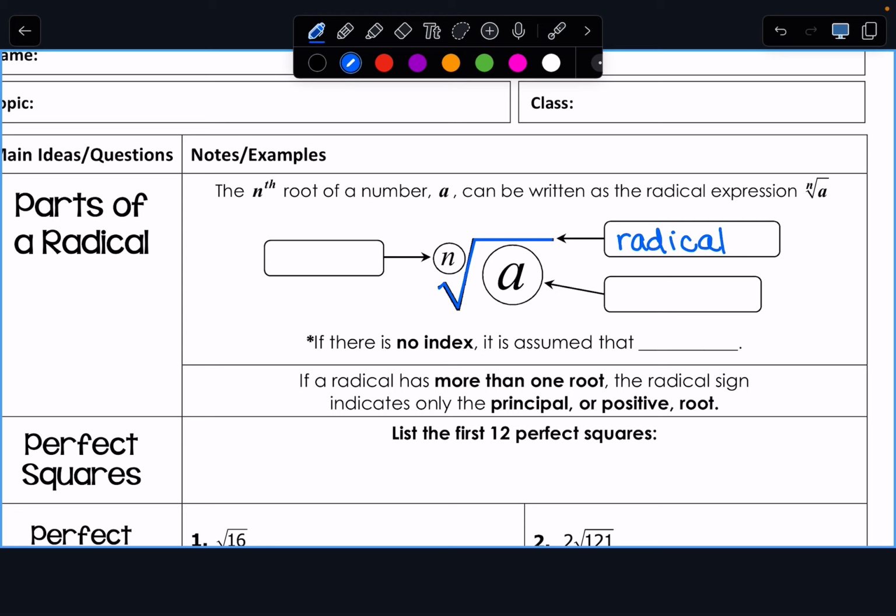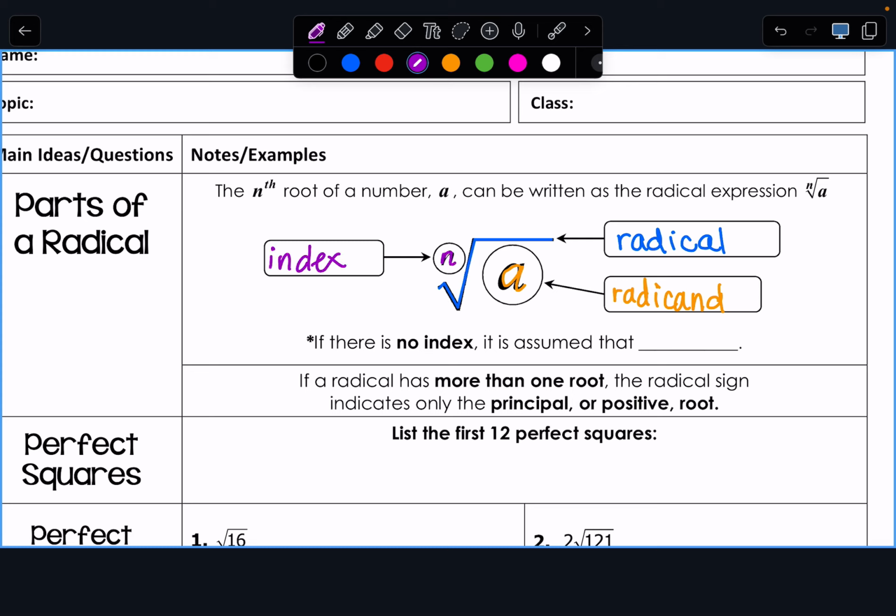Now, the number inside, and we're going to even have some variables inside, is called the radicand. And then this little number right here is called the index.